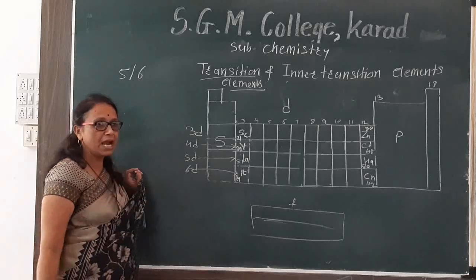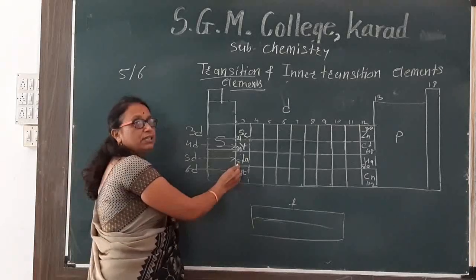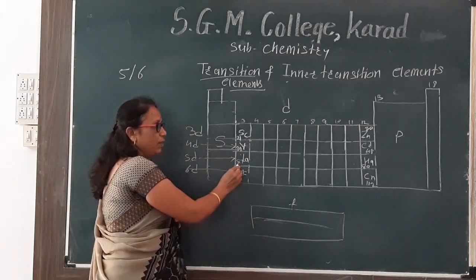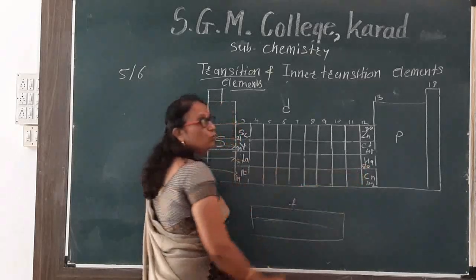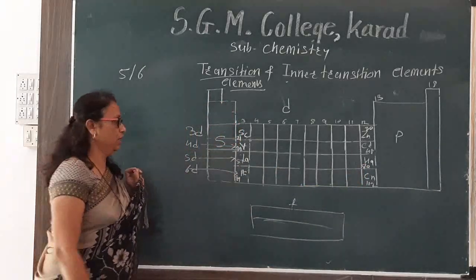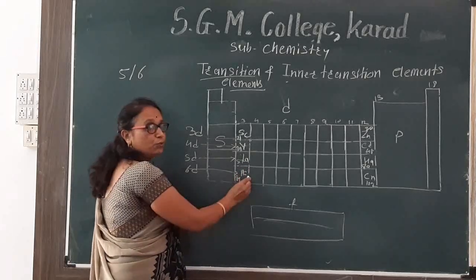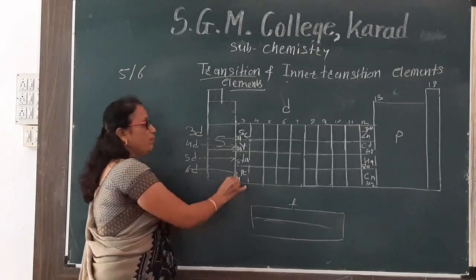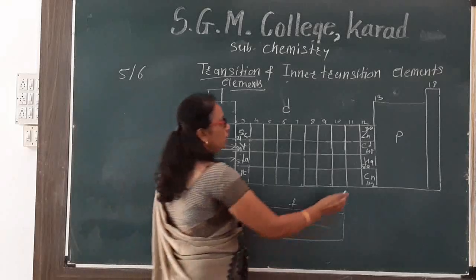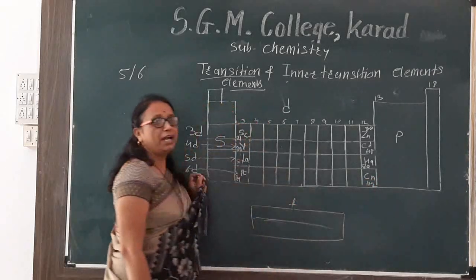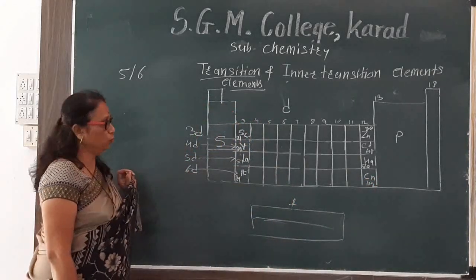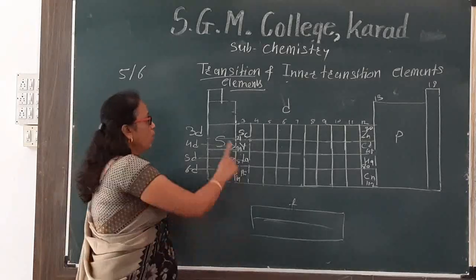The third series starts with lanthanum, atomic number 57, and ends with mercury, atomic number 80. The fourth series, the 6d series, starts with actinium, atomic number 89, and ends with copernicium, atomic number 112. These are the 4 series.